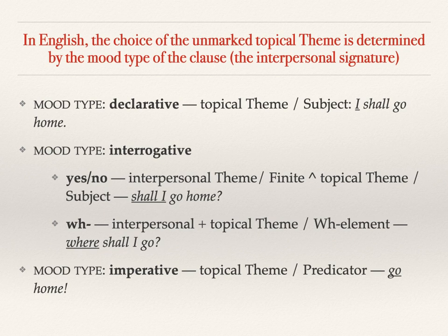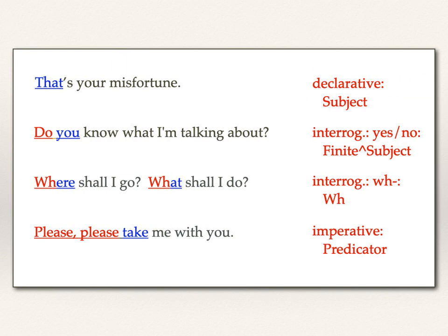Let me take a little snippet of dialogue from Gone with the Wind. Not a sequence of dialogue, but examples. "So that's your misfortune." Declarative, subject as unmarked theme. "Do you know what I'm talking about?" "Yes, no," interrogative. Finite as interpersonal theme, followed by subject as unmarked topical theme.